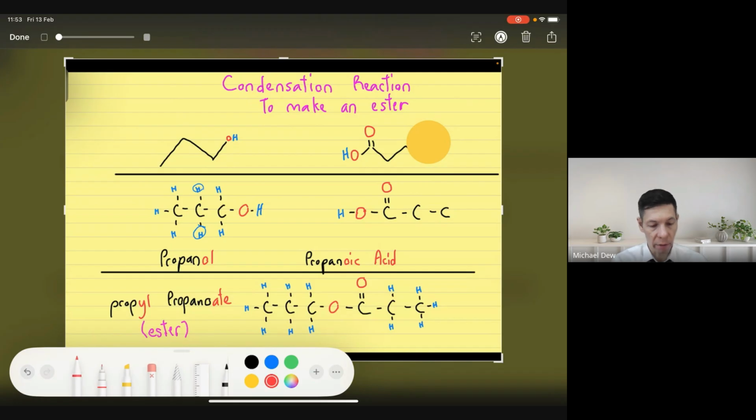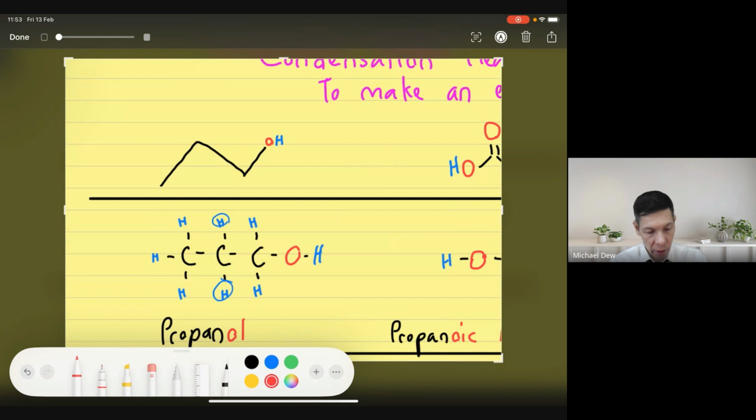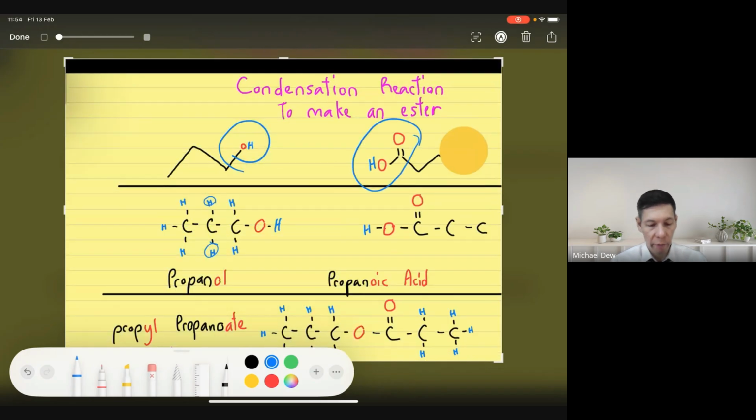For example, there is no alcohol group on the left side, like here. That will be for polyesters, which we'll talk about later. We only have 1 functional group on this side and 1 on this side, so we're only going to get 1 ester bond created.